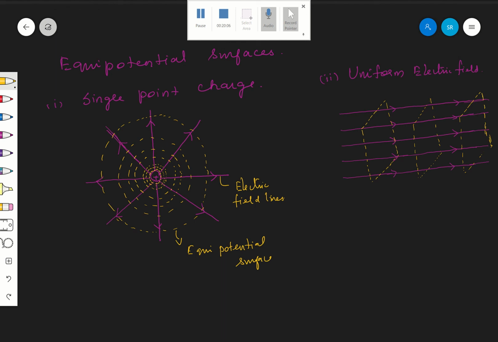So these are the equipotential lines for a uniform electric field. Is it clear? So this is for a uniform electric field. Right, next we are going to see the electric dipole.